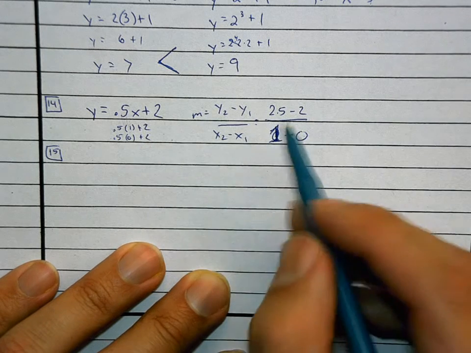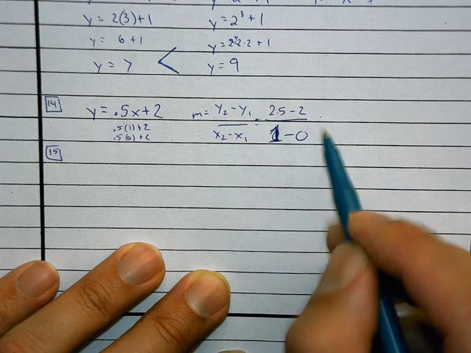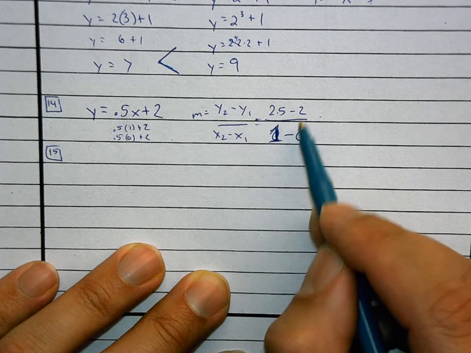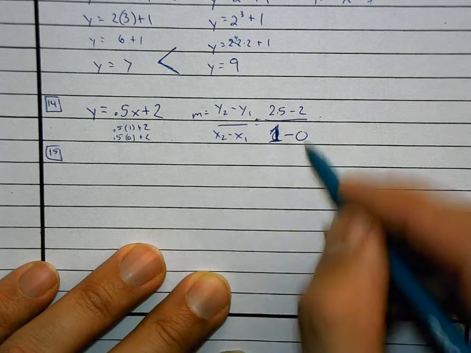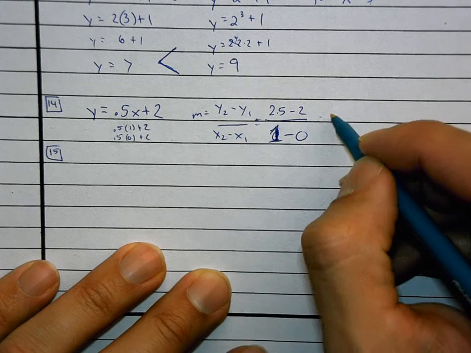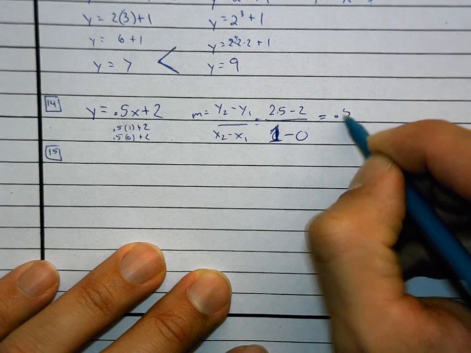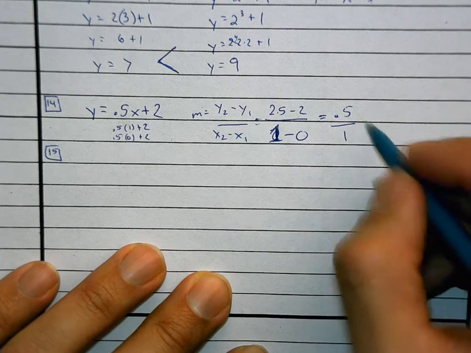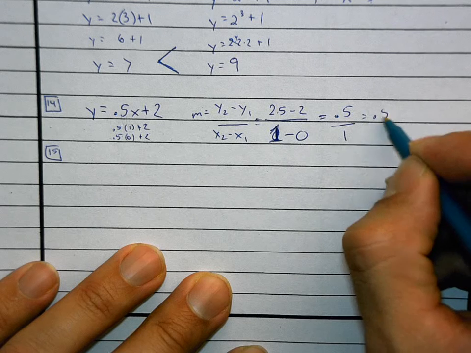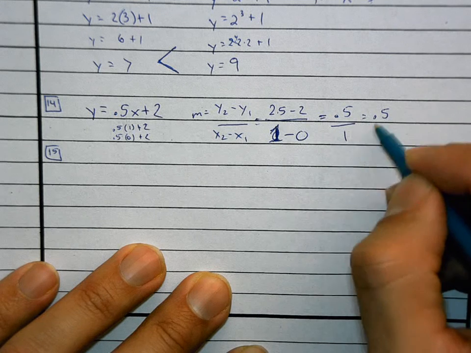And then I have to take the difference of these two things: 2.5 minus 2 over 1 minus 0. So there are a lot of steps to finding the first interval. 2.5 minus 2 is 0.5 over 1, which means that the average rate of change, 0.5 divided by 1, is 0.5.